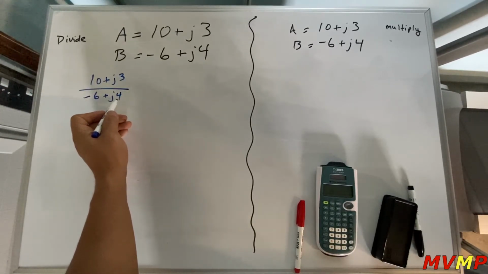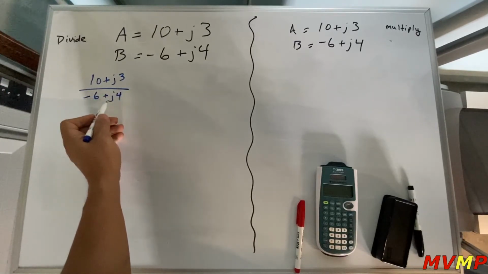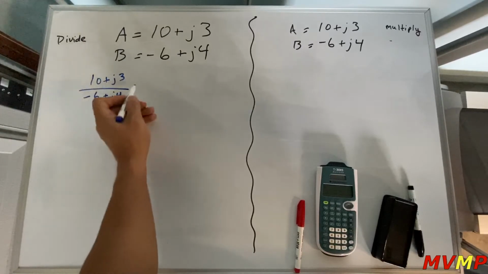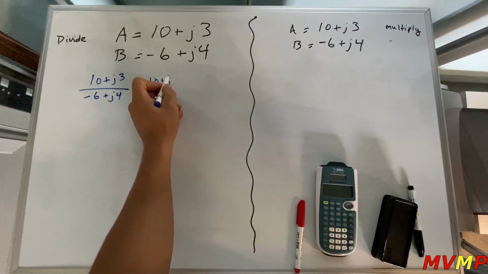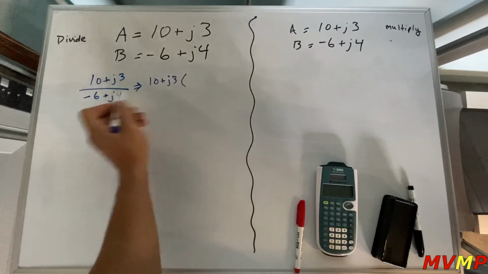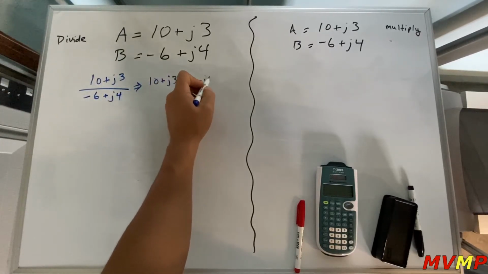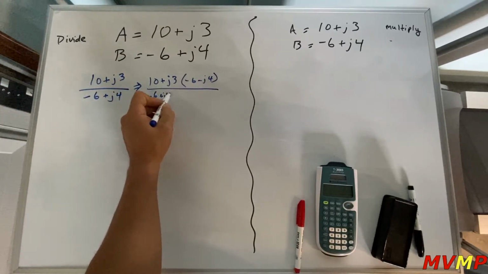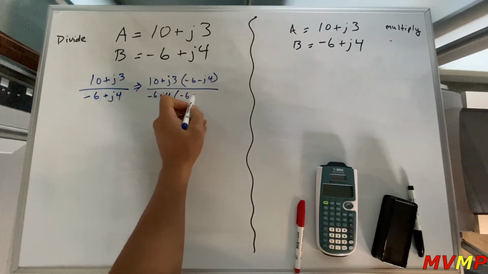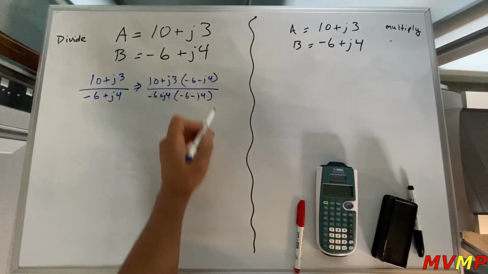That just means multiply the top and bottom by the bottom's complex conjugate. So then this would be 10 plus j3 times minus 6 minus j4, divided by minus 6 plus j4 times minus 6 minus j4.